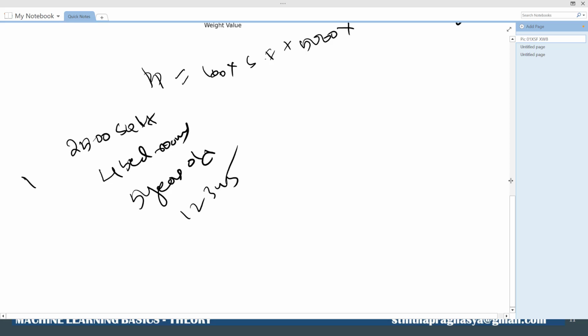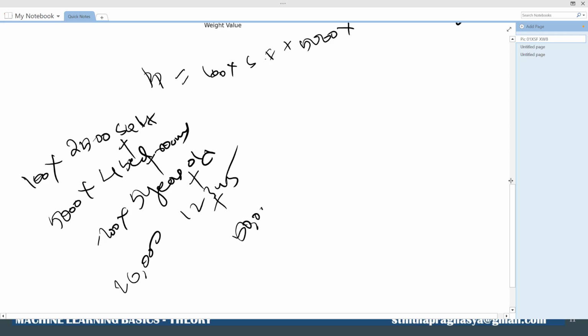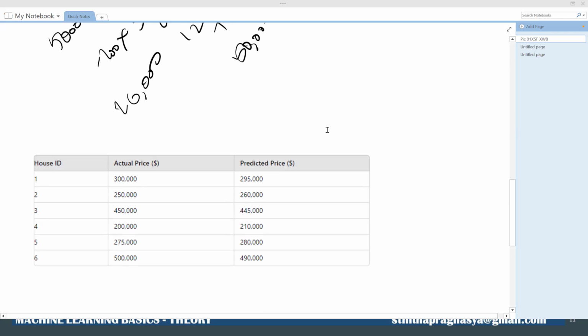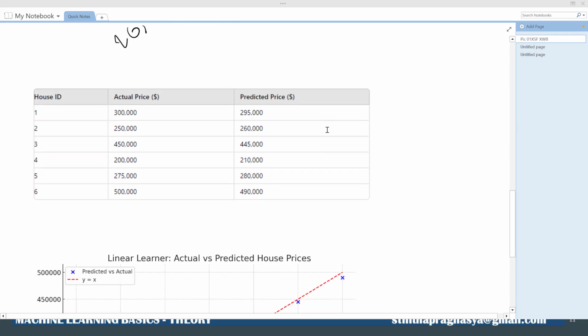Remember the 100 times this plus 5000 times this plus, what was this? It's minus 200 times that plus I guess it's 20,000, then plus 50,000. So that's how it is going to calculate this. And this model might predict a price of 450K.